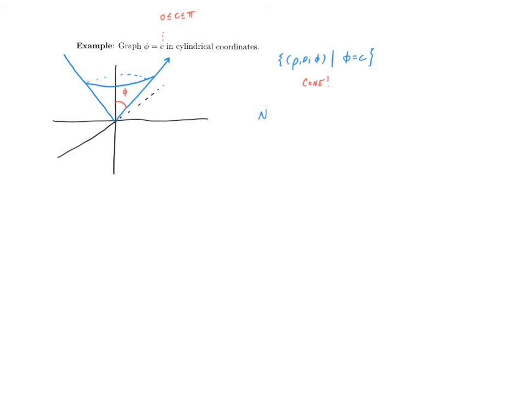And let me note a few common examples. First, maybe some outliers in a sense. If phi was equal to 0, that would correspond to this angle phi being 0, so we would have simply the positive z-axis.